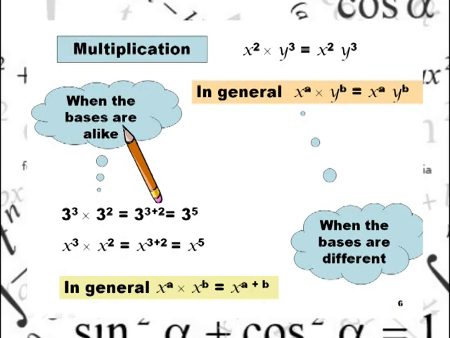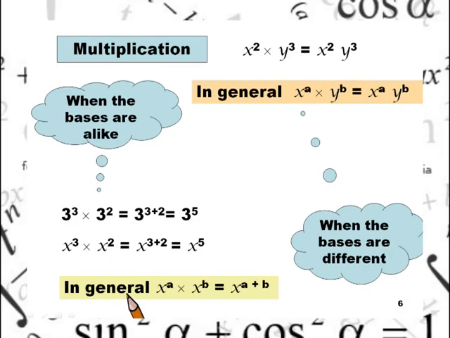When the bases are alike, 3 cubed by 3 squared equals 3 to the 3 plus 2 equals 3 to the 5th. x cubed by x squared equals x to the 3 plus 2 equals x to the 5th.